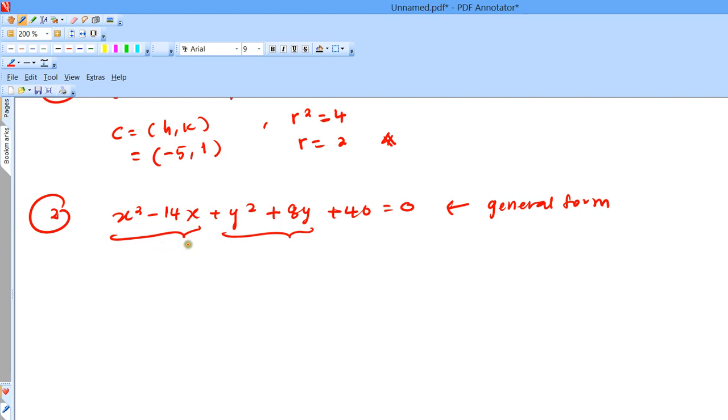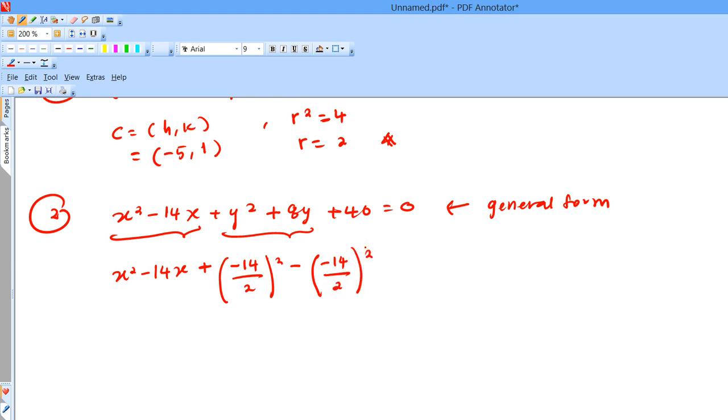Okay, next, for variable x, we have x squared minus 14x, and then plus (negative 14 over 2) squared minus (negative 14 over 2) squared.